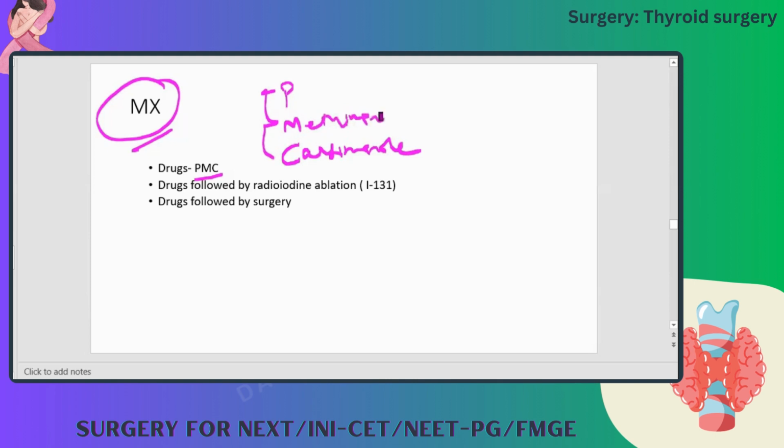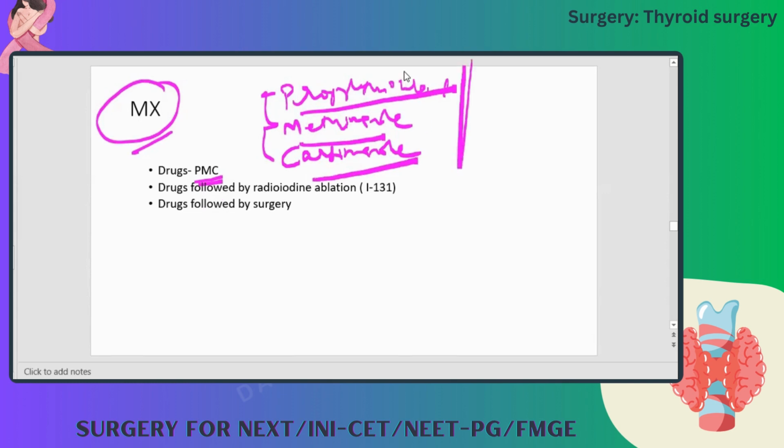Or in crisis, we give propylthiouracil. Very good. So we have 3 drugs: propylthiouracil, methimazole, and carbimazole. Only 3 drugs are available to decrease the thyroid symptoms.